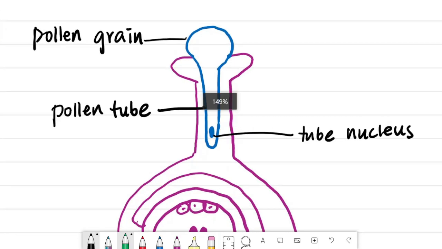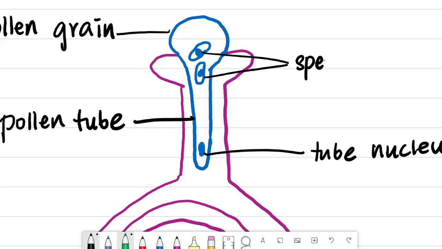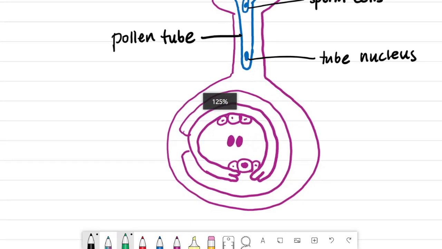And something else that is happening in here is that the generative nucleus will divide by mitosis. And it's going to produce 2 sperm cells. So these are called the sperm cells. They could also be labeled by other terms, but in here I'm going to label them as sperm cell.